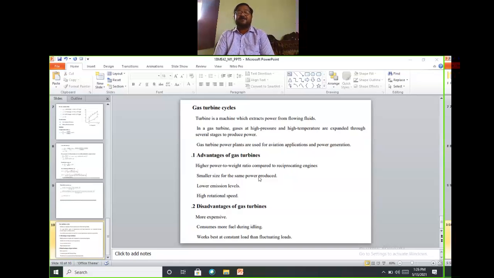Various types of turbines are there. In a hydel power station, where you generate power using water from the dam, they use hydraulic turbines. In steam power plants, like coal-based and nuclear-based power plants, they use steam turbines. In naphtha-based power plants and diesel power plants, they use gas turbines.